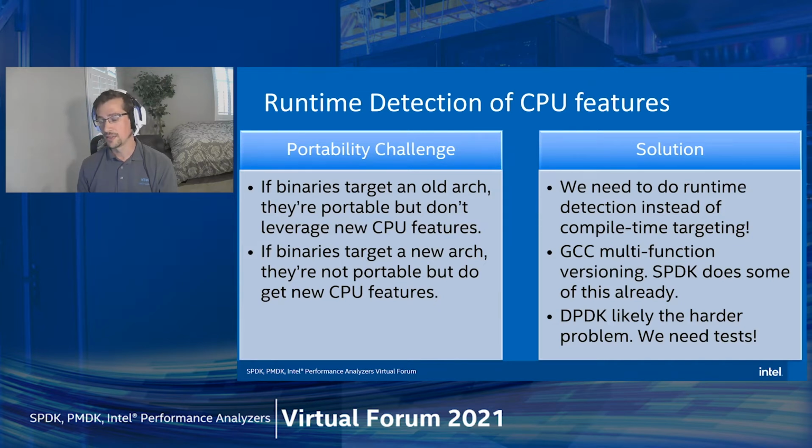GCC, one of our compilers that we support, has a feature called multifunction versioning. It's very slick. You basically get to tag certain functions that use intrinsics or drop to assembly, and you tag them and say, I want a version of this compiled for Core i7.